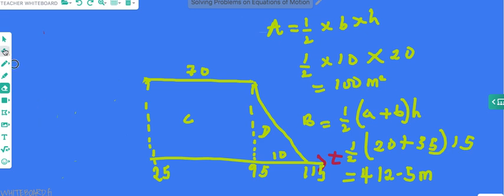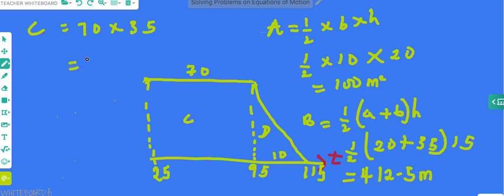Okay, now the distance covered by C. The shape of C is a rectangle, and the area of a rectangle is length times breadth. So it's going to be 70 multiplied by the breadth, which is 35.